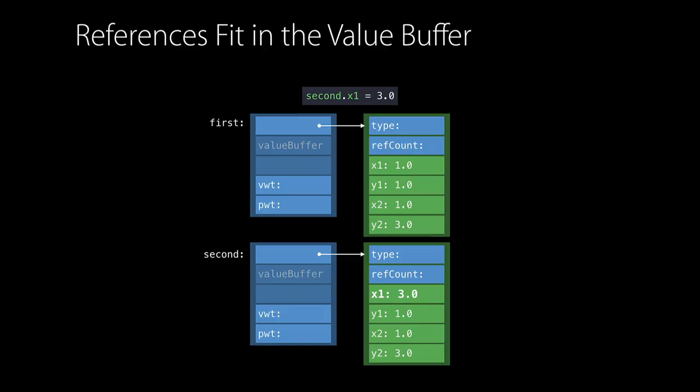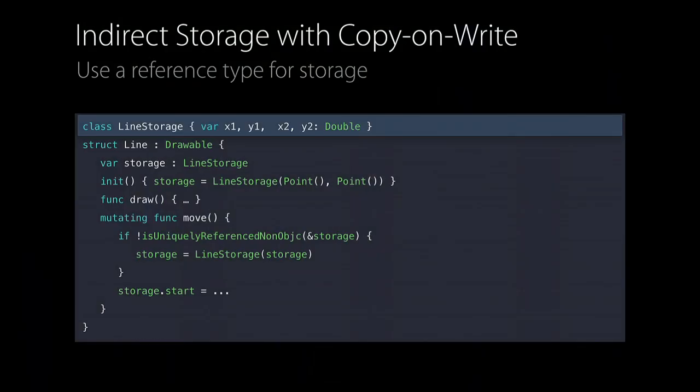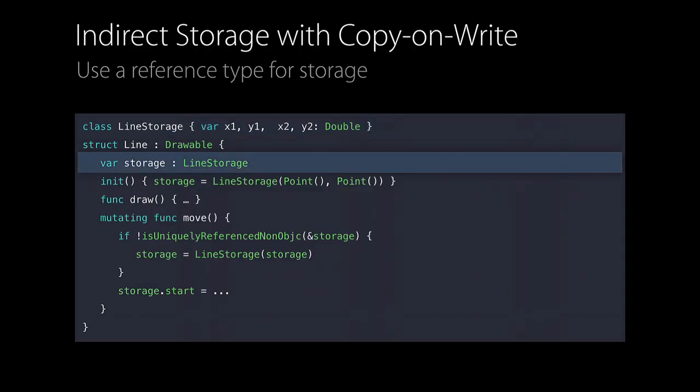Okay, let's take a look at how we can do this for our Line. Instead of directly implementing the storage inside of our Line, we create a class called LineStorage that has all the fields of our Line struct. And then our Line struct references the storage, and whenever we want to read a value, we'll just read the value inside of that storage.